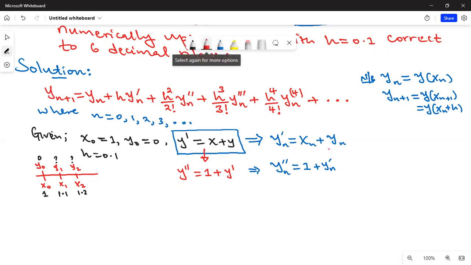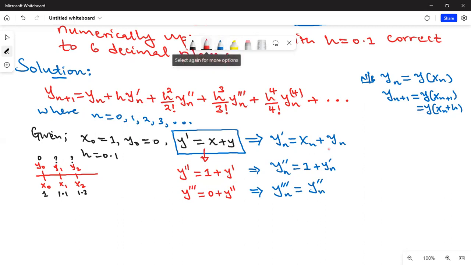Proceed. Remember, we have up to the fourth derivative, so I'll need to get the third derivative. When you differentiate 1, you get 0. So that is 0 + y''. When you evaluate this at x_n, we are going to get y_n''' = y_n''.